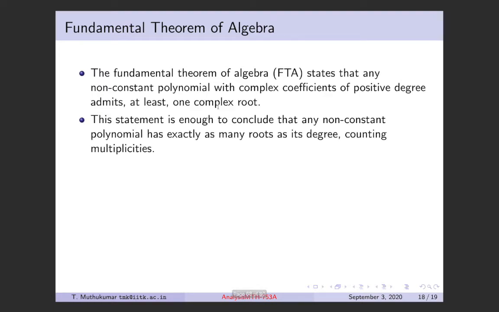Because this first statement is enough to conclude that any non-constant polynomial has exactly as many roots as its degree, counting multiplicities. I talked about this in the previous lecture: multiplicity is the double root, triple root, the multiple roots. I mean, it's a root of the polynomial and also of its derivatives and so on.